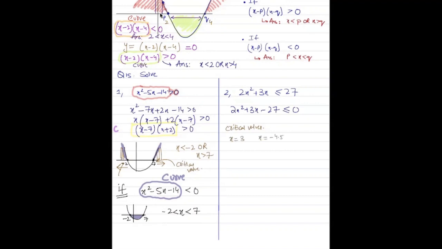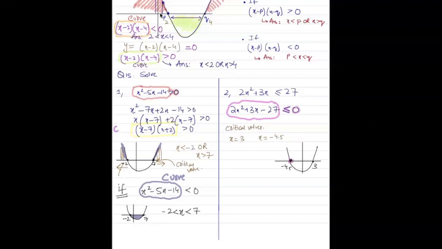All right. So that means if I were to sketch the graph, this is going to be -4.5. This is going to be 3. Now, the question says, for what values of x is your quadratic curve less than or equal to 0?